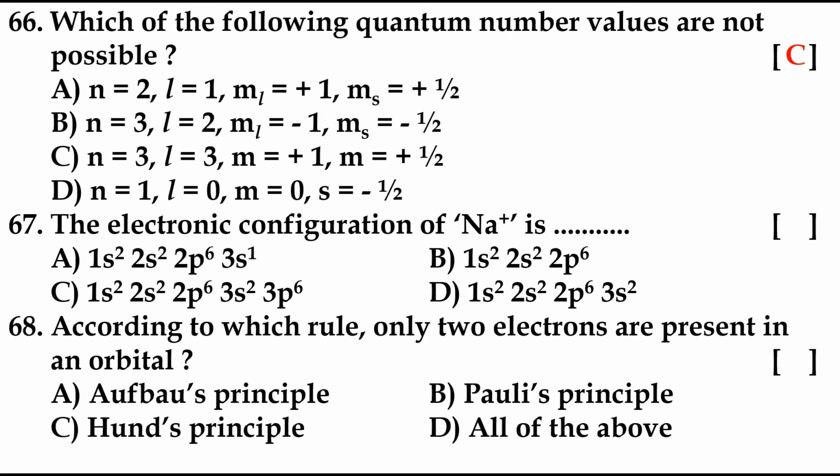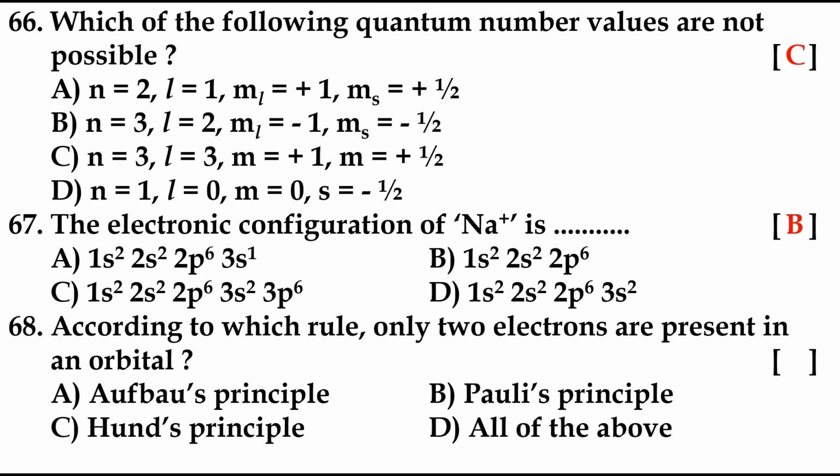Not possible. 67. The electronic configuration of Na plus ion is dash. A. 1s2, 2s2, 2p6, 3s1. B. 1s2, 2s2, 2p6. C. 1s2, 2s2, 2p6, 3s2, 3p6. D. 1s2, 2s2, 2p6, 3s2.